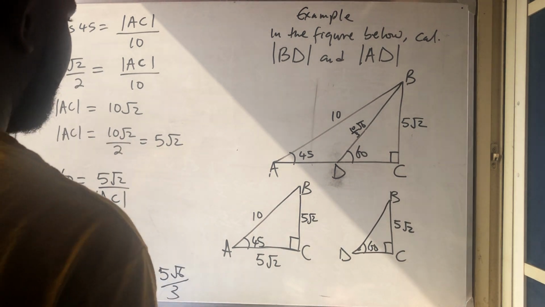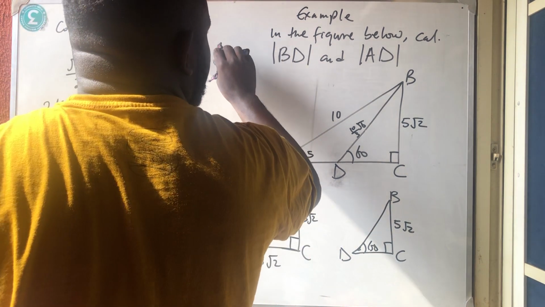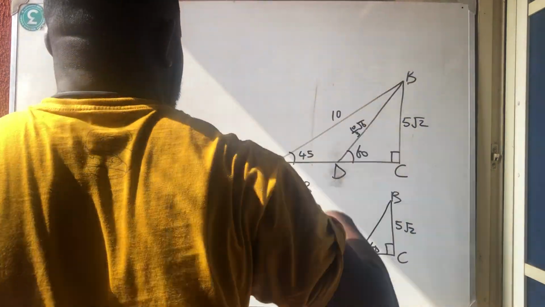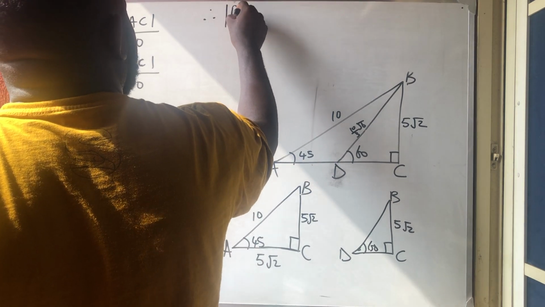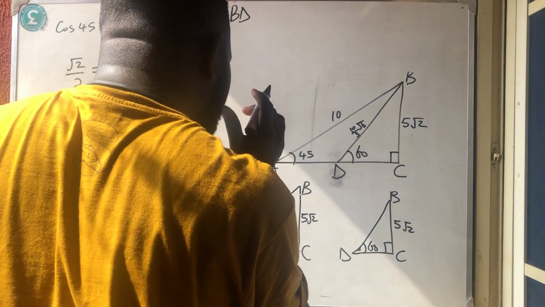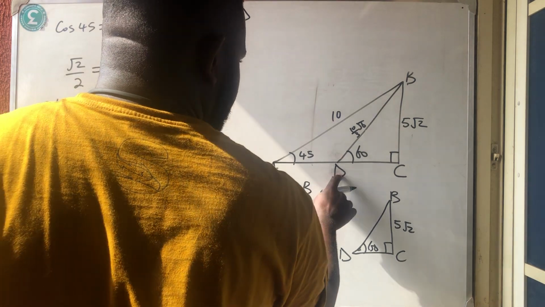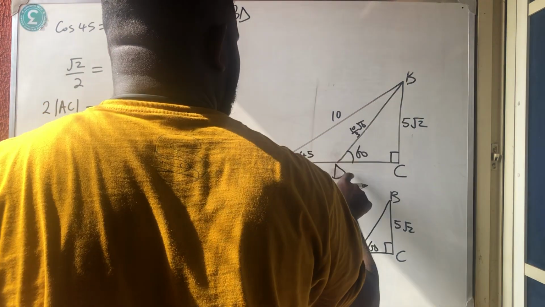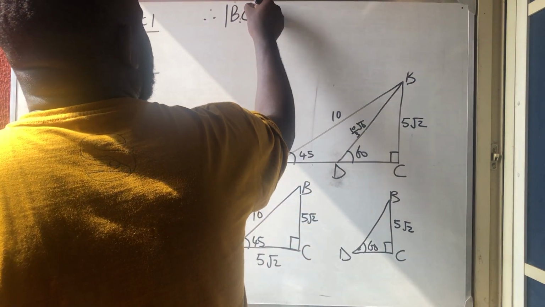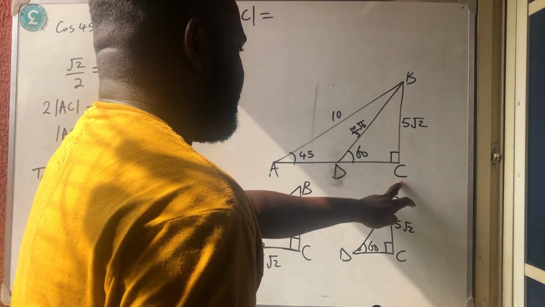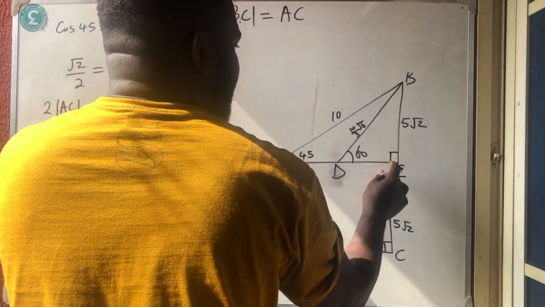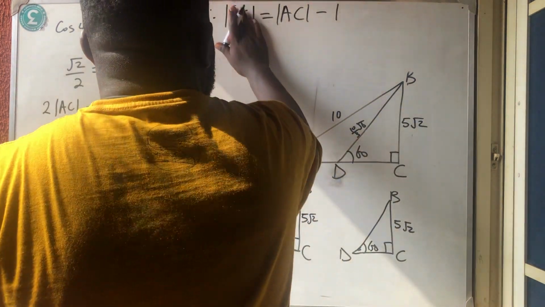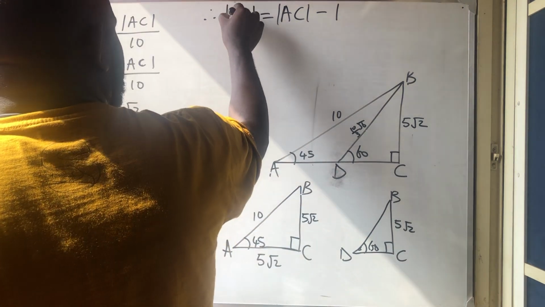Okay, so therefore, permit me to clean here. So therefore, BD and AD. Sorry, they say we should find line AD.